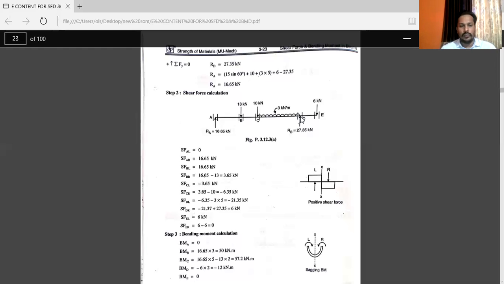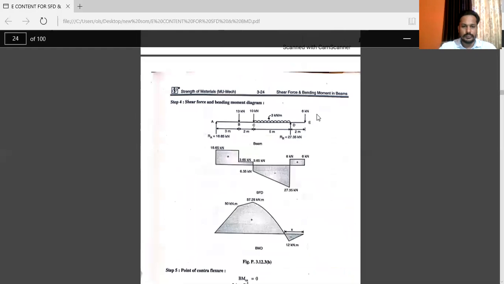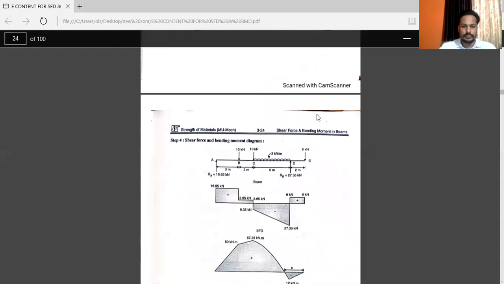So while calculating bending moment at point D, the sign is minus. So minus 12 kilonewton into meter. And bending moment at point E is equal to 0 because it's an end point. Now you can see this diagram.